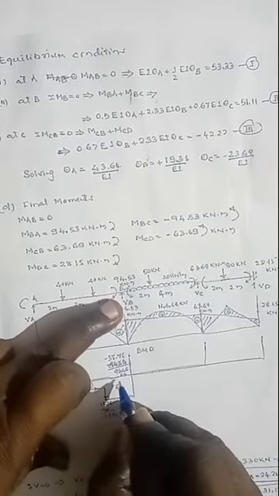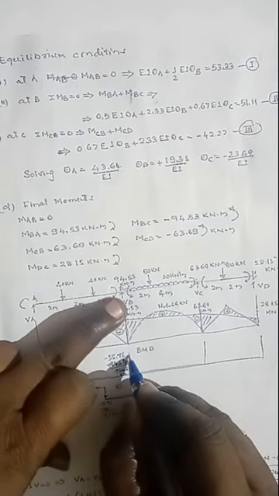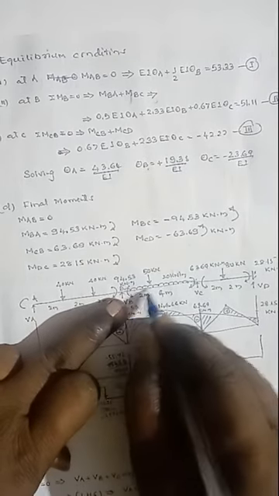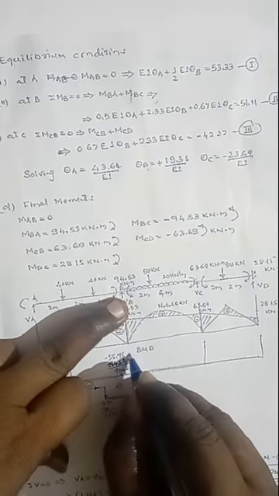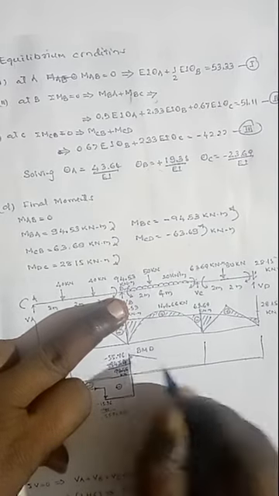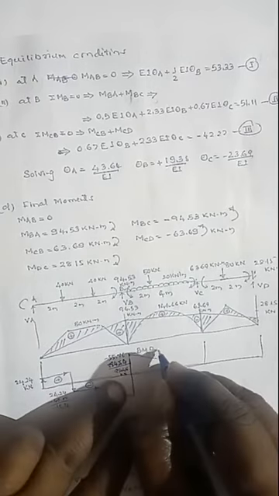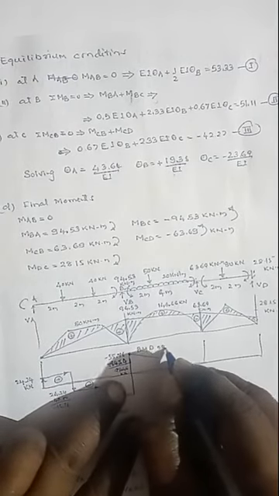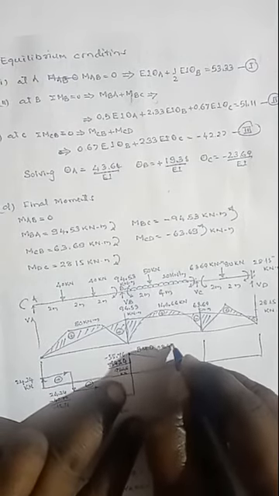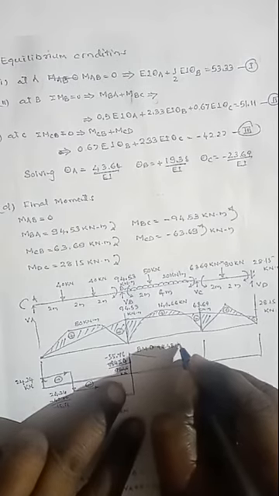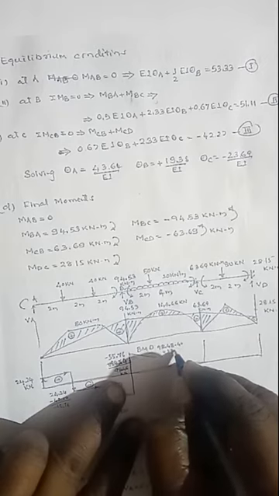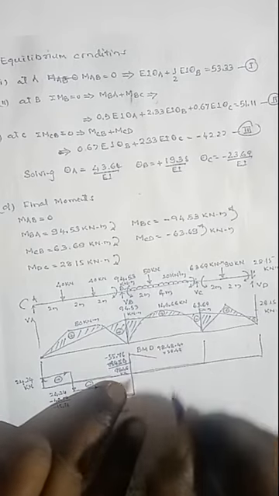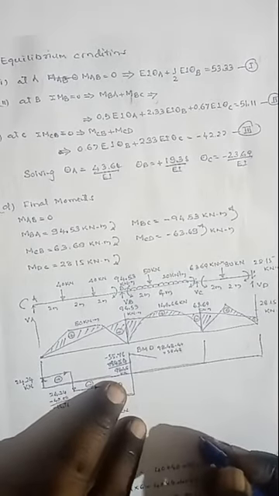Here the total force in this portion is 20 into 2, that is 40. Again the shear force changes like this, 98.48 minus 40 is 58.48.